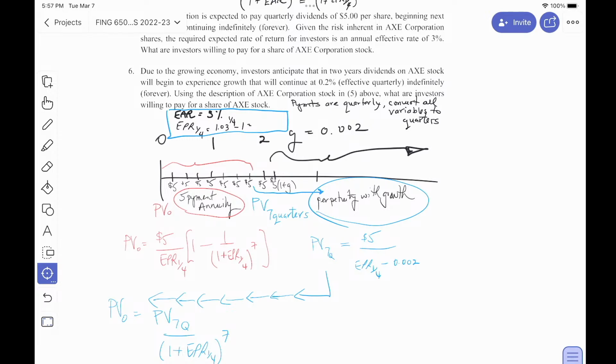All right, so I'm not going to solve the rest of it, but that's how I would do it if I understood. So that's why you should show me your timeline and your interpretation. In 2 years, growth will kick in. I think I'm comfortable with this interpretation right now. I'm not going to continue with that.